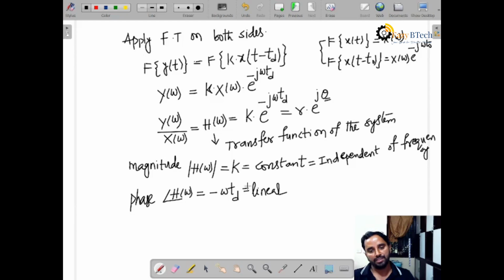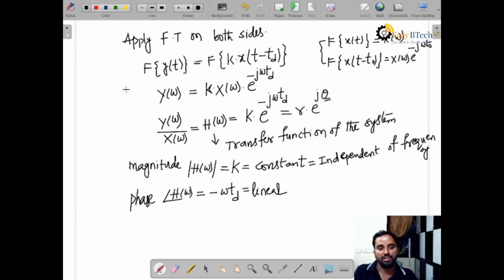As the frequency increases, the phase also changes, a linear relationship. So the phase is linear and the magnitude is constant. If the magnitude plot of the system is constant and the phase plot of the system is linear, then that system will provide distortionless output.